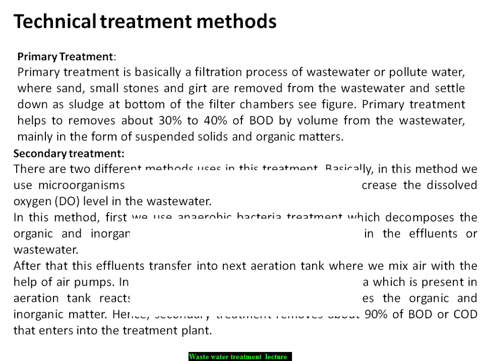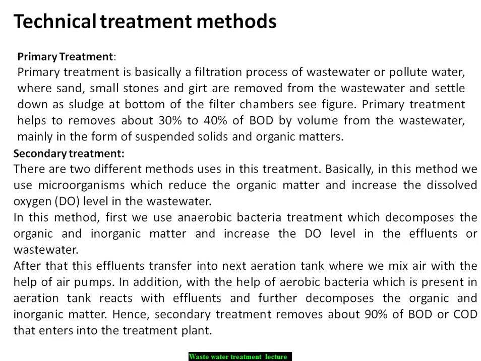In the secondary treatment, generally we use some microbes, and with the help of these microbes we can reduce the impurities, or in other words increase the dissolved oxygen level in the wastewater. In the secondary method we generally use two types of bacteria, anaerobic bacteria and aerobic bacteria, which are responsible for reducing BOD and COD by about 90%.